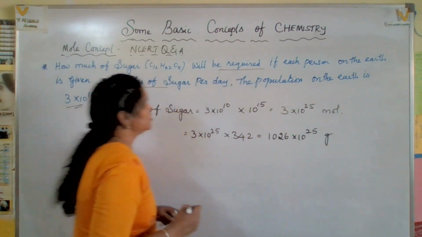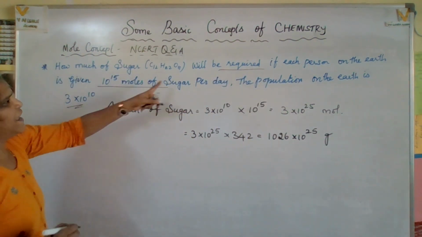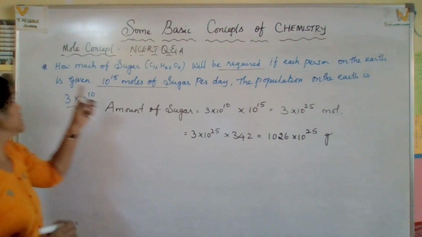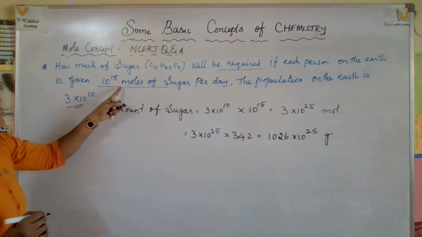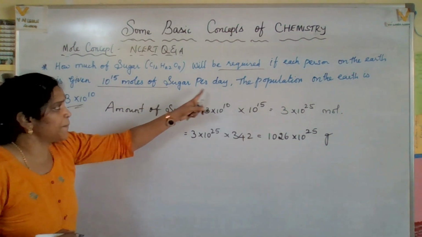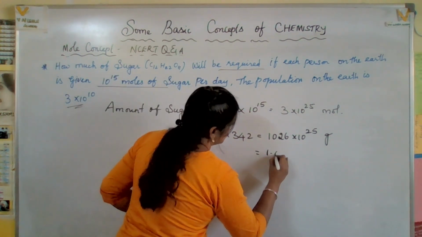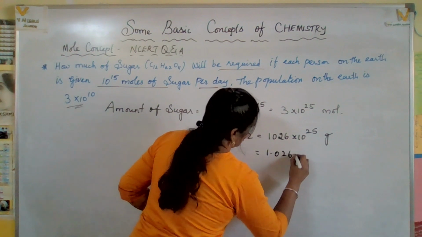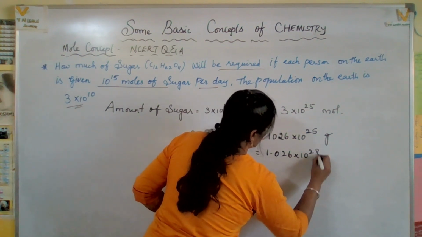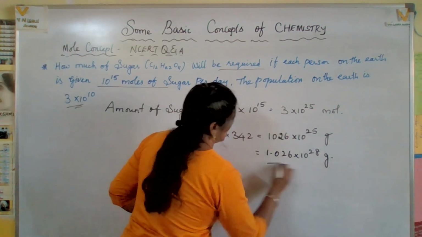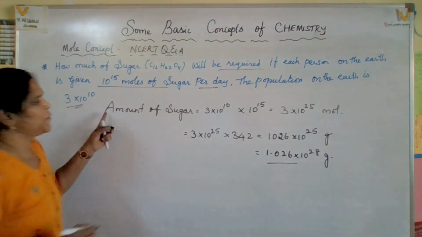So every day, if a person on the earth is given 10 to the power of 15 moles of sugar per day, you can contribute 1.026 into 10 to the power of 28 gram. I just put it like this. Hope you're clear with this.